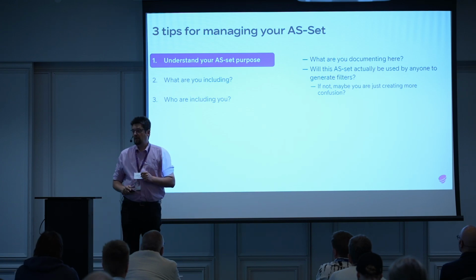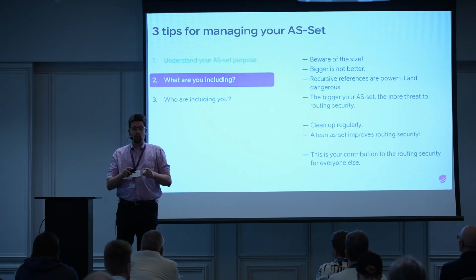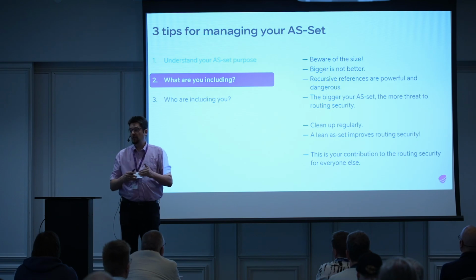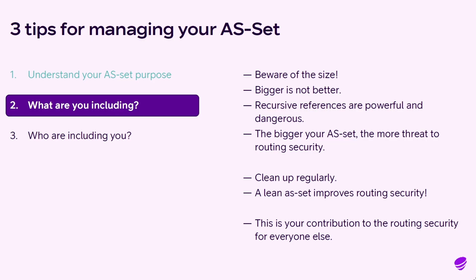Second tip, be mindful of what you include in your AS set. Bigger is not better, quite the opposite actually. I have some references at the end of this slide set.